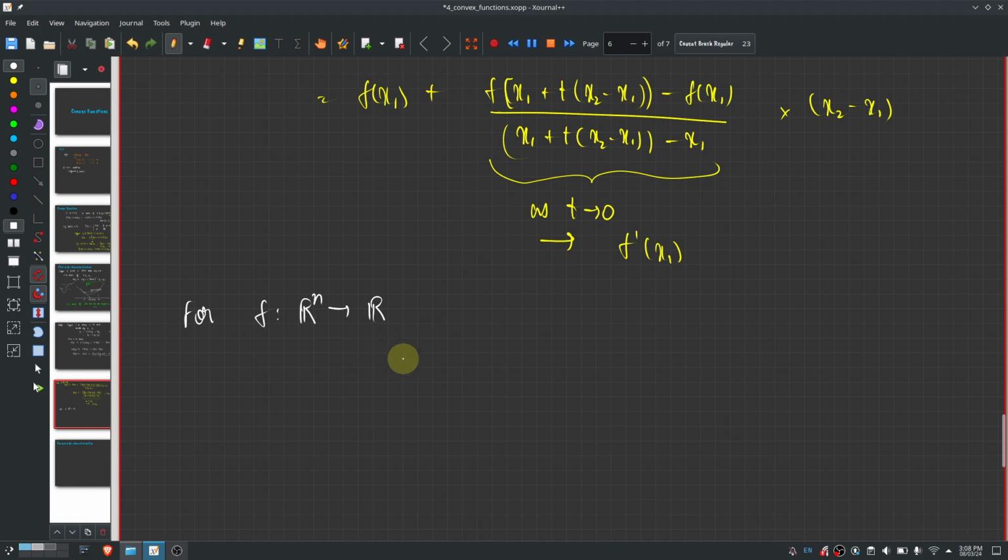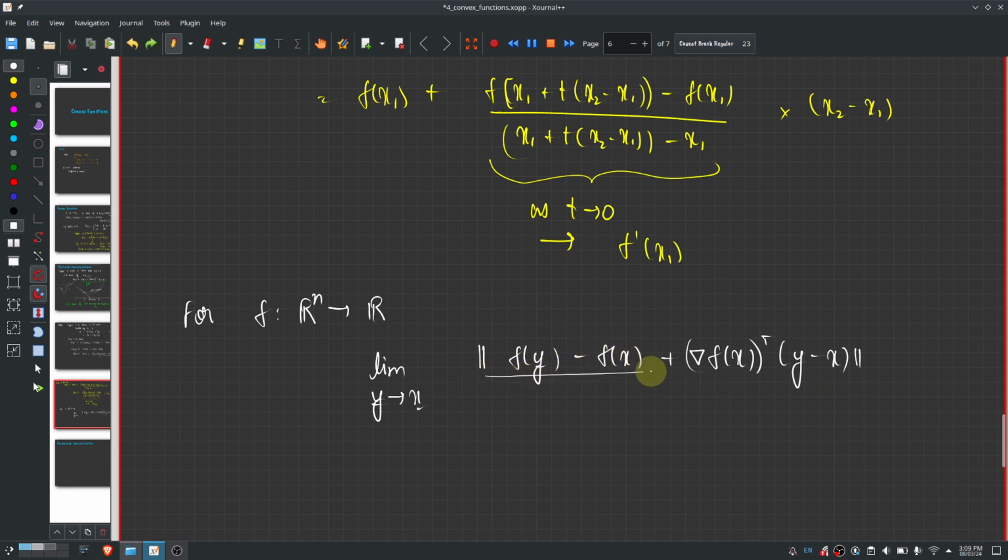So the gradient satisfies the property that the limit as y converges to x of f of y minus f of x plus gradient of f evaluated at x transpose times y minus x, whole divided by the norm of y minus x, is equal to 0.